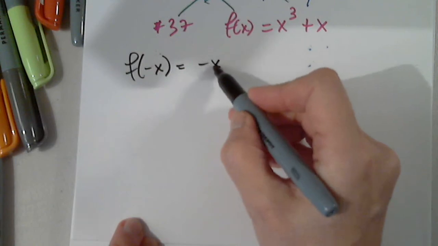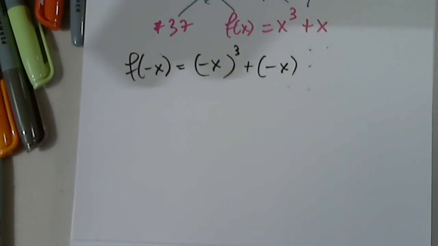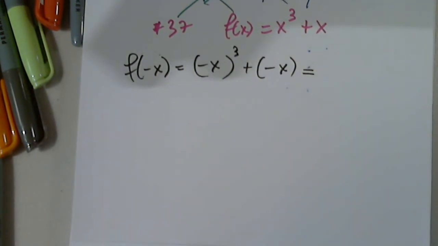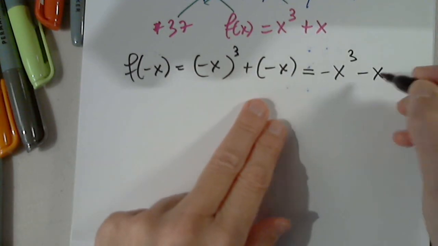I replace x by negative x everywhere, like we just did, because we know what the function is telling us. And can anyone help with negative x to the third and simplify that without parentheses? Anyone? Negative x to the third, very good, and minus x.